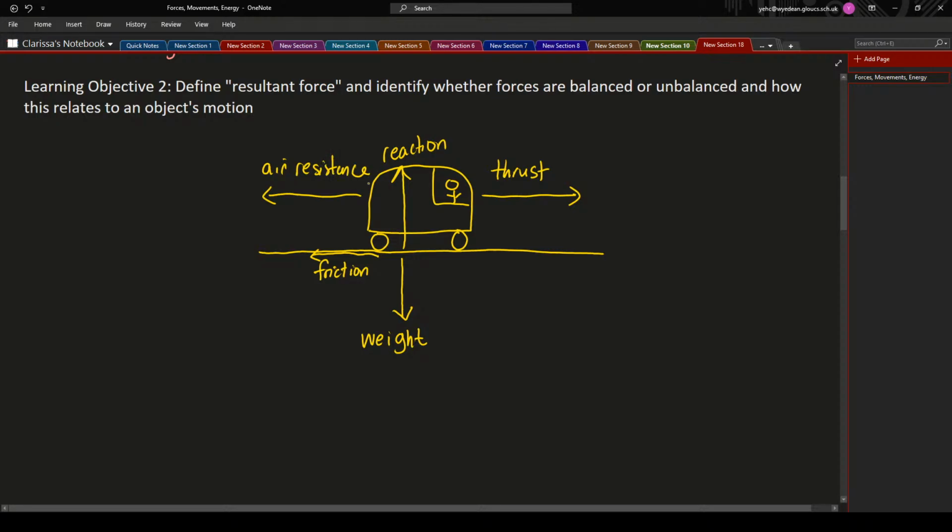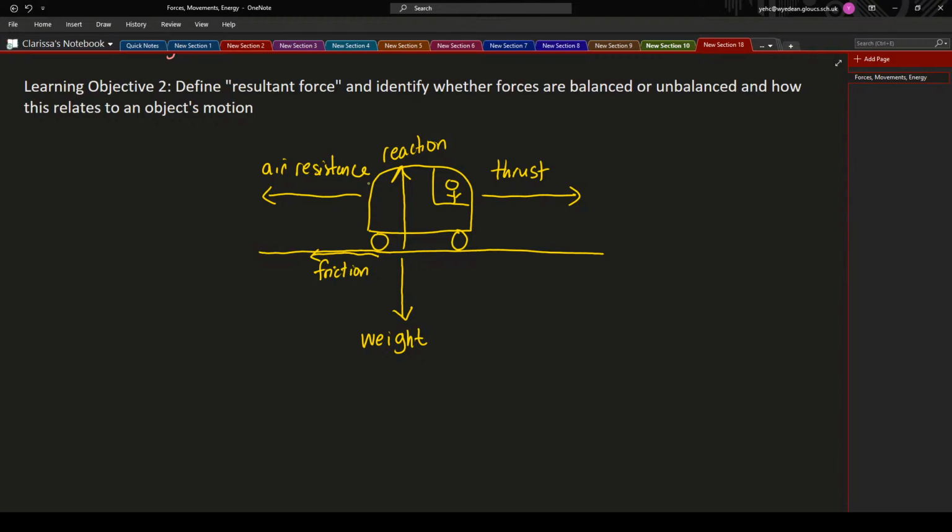Now, looking at this diagram, you can already tell, wow, with something as simple as a moving object, there's a bunch of forces that are acting on it. So, let me tell you one thing. Us physicists are lazy. I mean, we're constantly modeling things as circles or boxes.